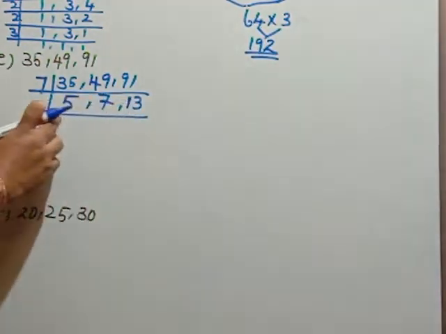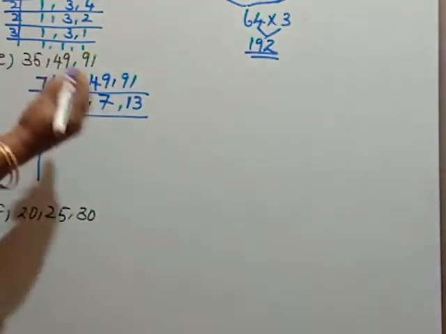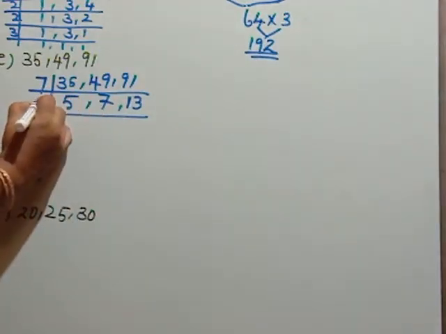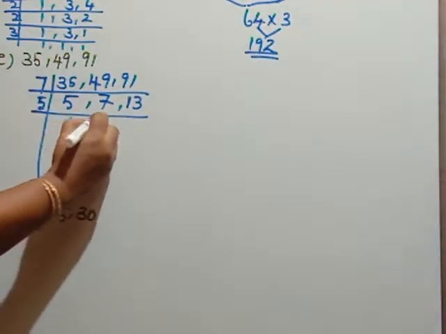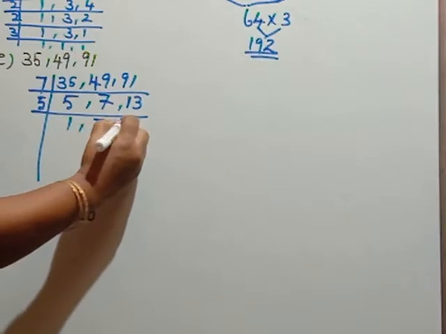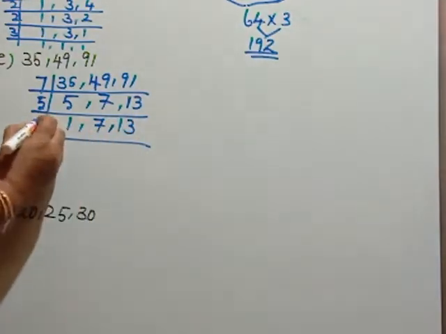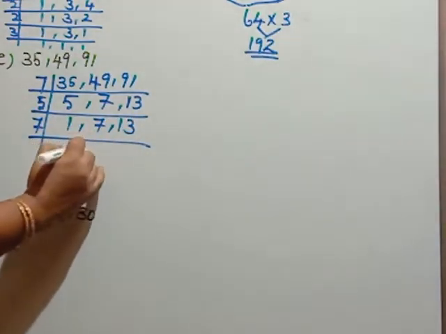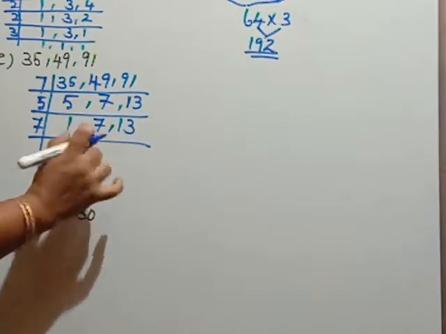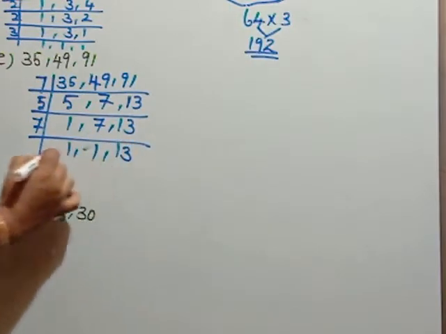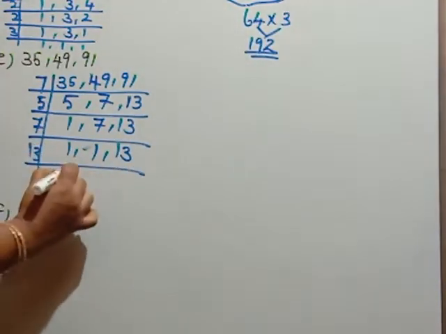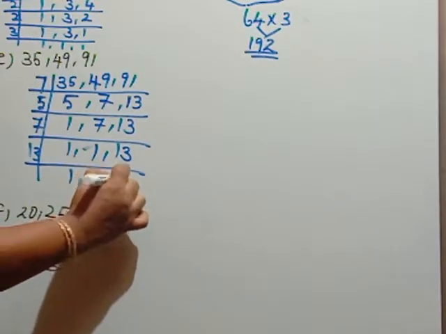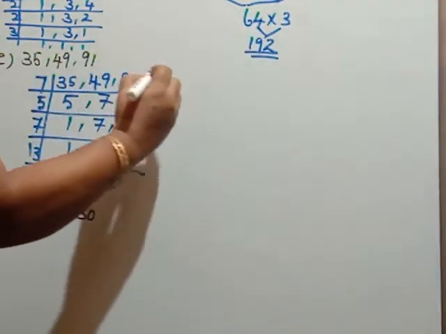All these 3 numbers are prime numbers, so we cannot get any common divisor. So I will take first 5 into 7 into 13. Now I will take 7. Here 7 1's are 7, bring 13 as it is.